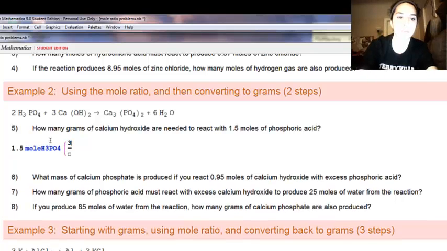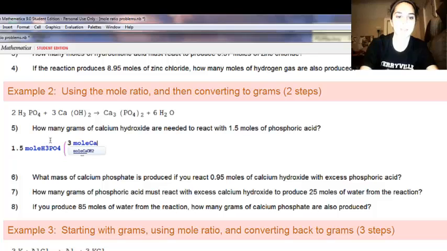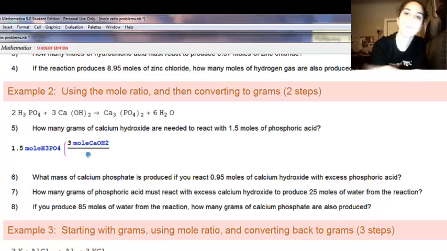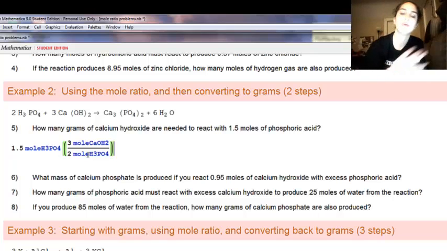So 3 moles calcium hydroxide, and again the special units: don't put the parentheses in this chemical formula, because Mathematica will get confused. So 2 moles of phosphoric acid. Great.